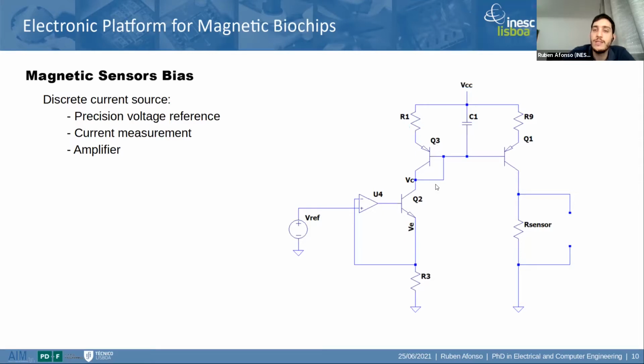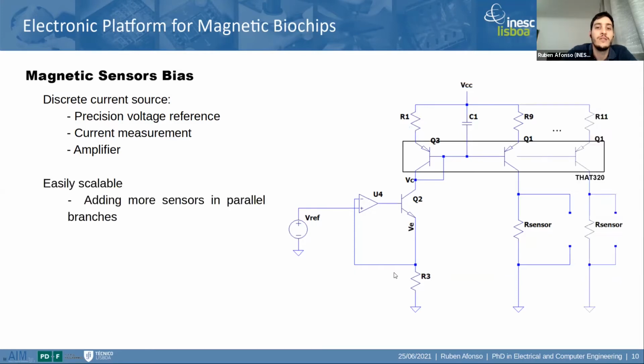So, since the base voltage of Q3 is the same as Q1, the sensor will have the same current that we have on R3. So the sensor has the same current as the current reference. This architecture is independent from the sensor resistance value and is easily scalable. To add a new sensor, we just need to add one more PNP transistor and a resistor.